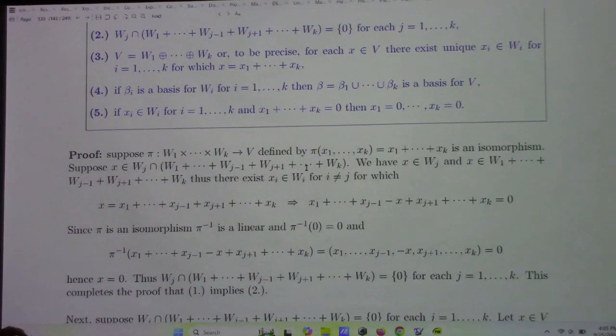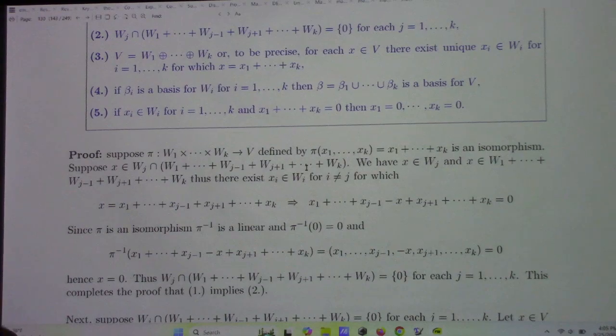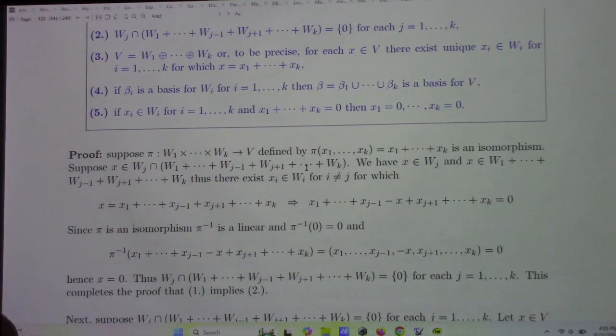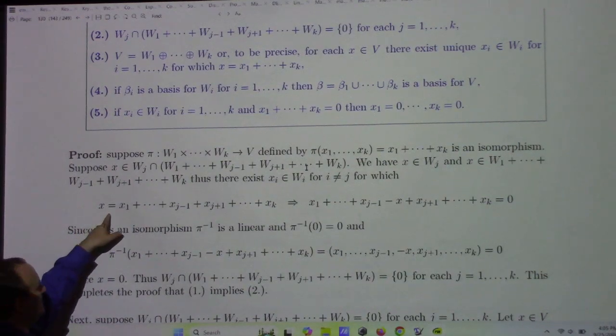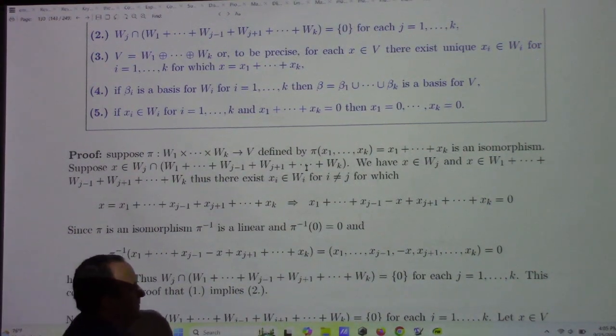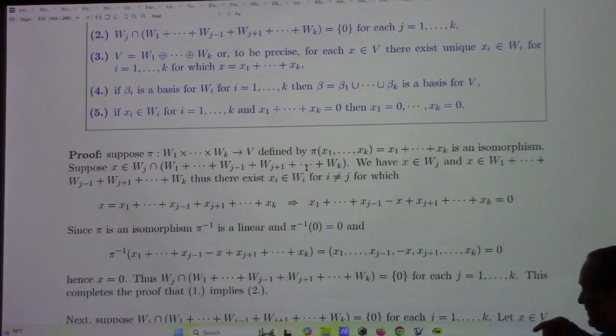And then I suppose I have x in the intersection of Wj with all these, which means that x is in Wj and x is in the sum of all the spaces except for j. And so that means that there exist x_i in Wi for i not equal to j, for which this is equal to all that. Which then, if I rewrite that, I have x1 plus dot dot dot plus xk equals 0.